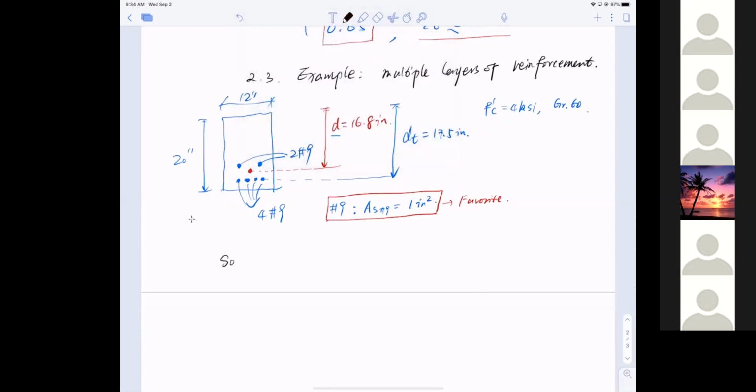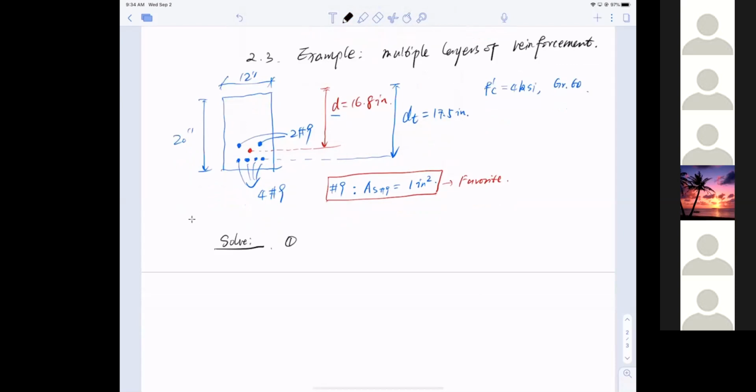First step. Now I don't know anything about the cross section, so I assume steel yielded. No reason, every time, it's still going to yield.